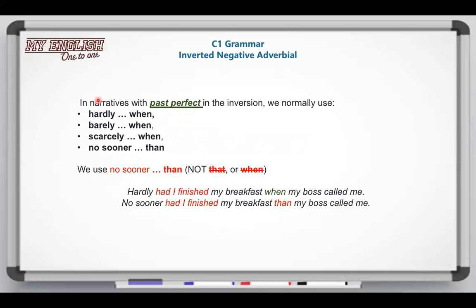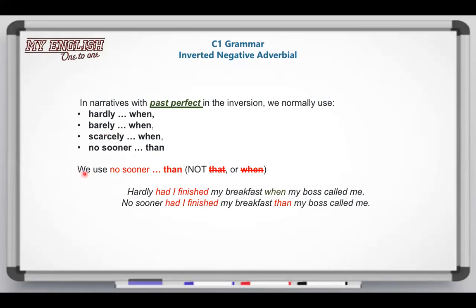So when you're talking about something that happened in the past with past perfect, for the inversion we normally use hardly when, barely when, scarcely when, no sooner than. All right. So these constructions are most of the time used with the past perfect. We're going to see some examples. You don't really see these constructions with tenses other than past perfect. Okay.